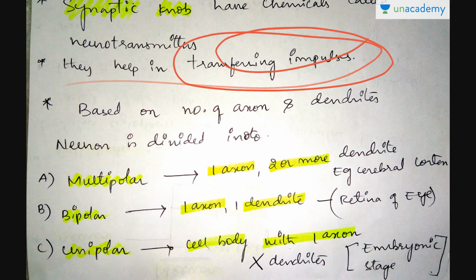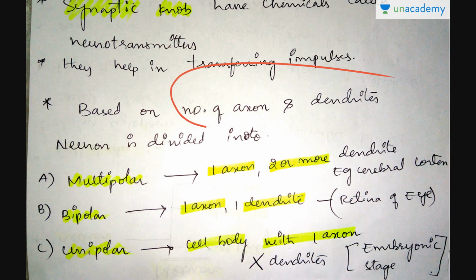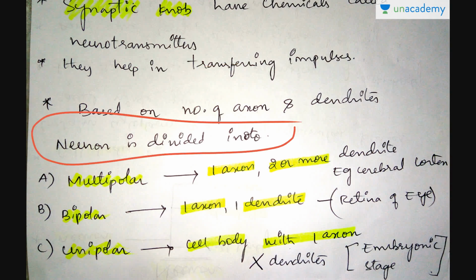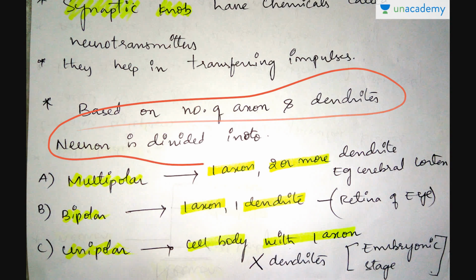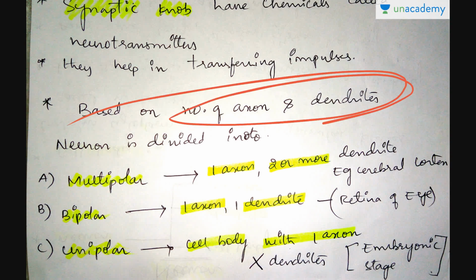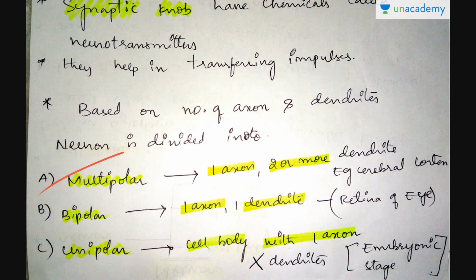Based on the number of axons and dendrites, neurons are divided into three types: multipolar, bipolar and unipolar. In multipolar neurons, one axon and two or more dendrites are present.